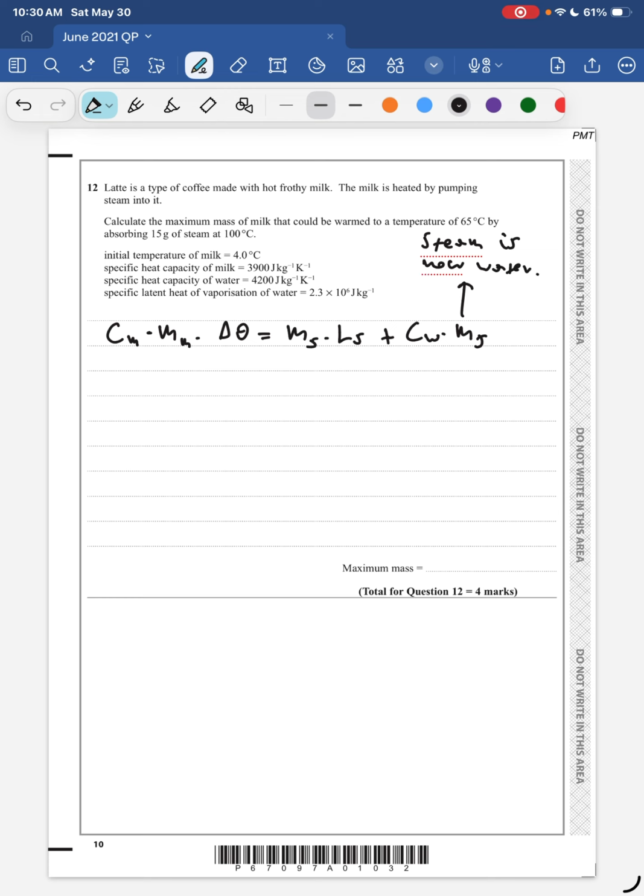Don't forget that. Times the temperature change for the steam. So this energy from the cooling down of the steam is going to go into the milk warming up. So let's plug in numbers. We have 3,900 times the mass of milk, which is actually unknown, right?